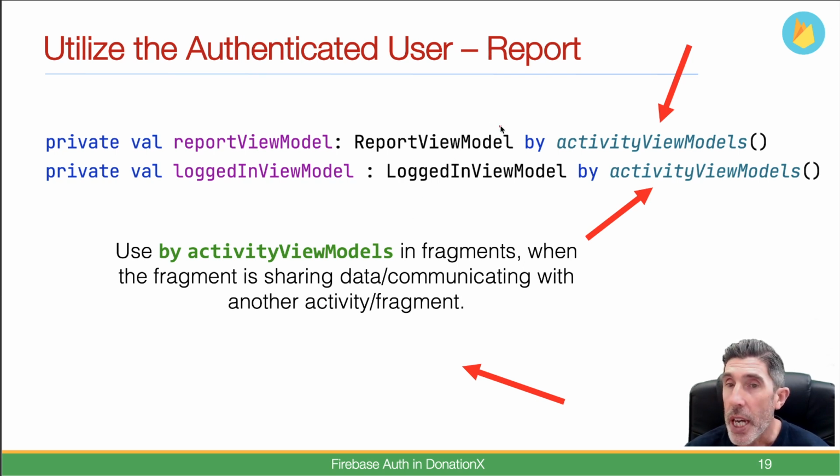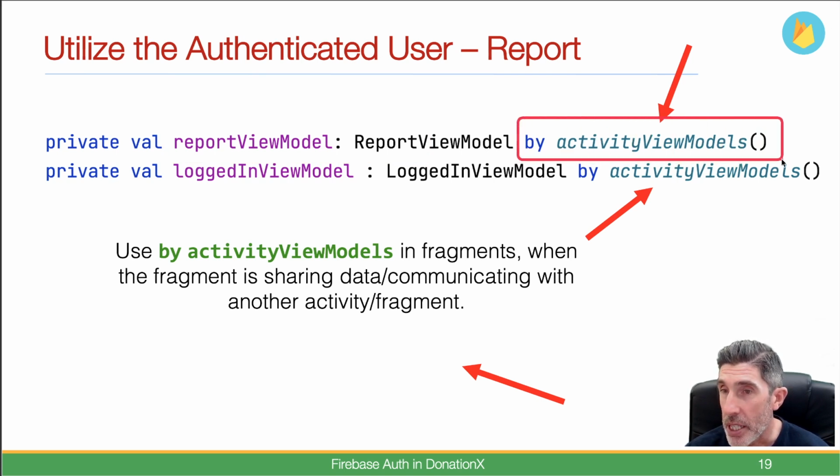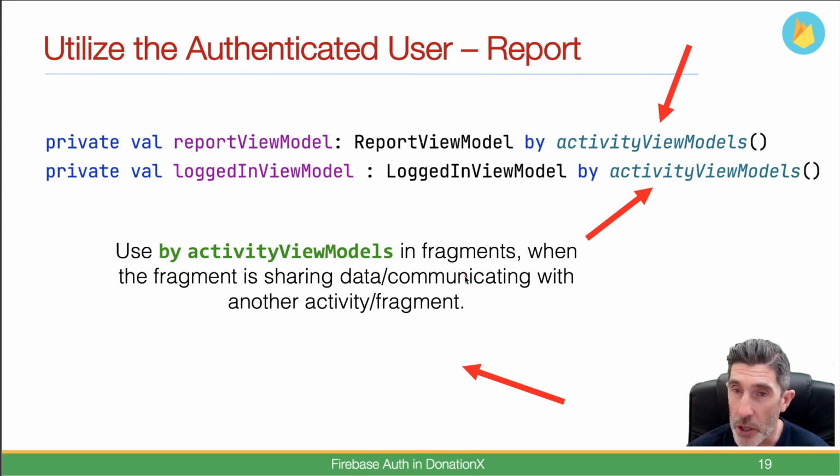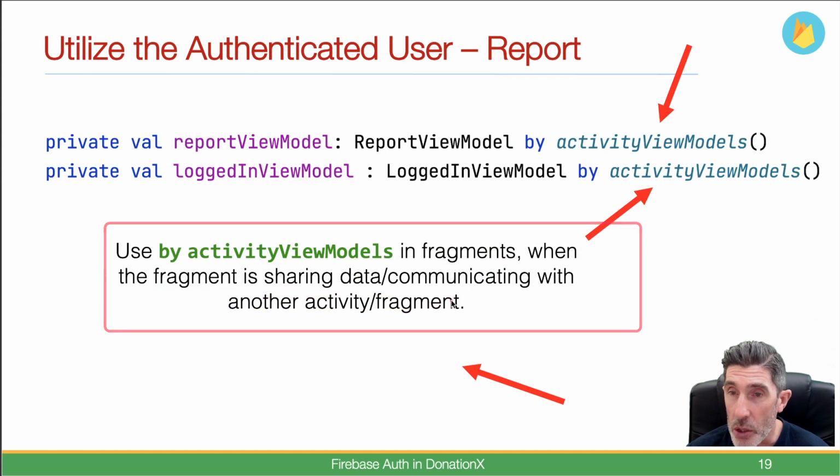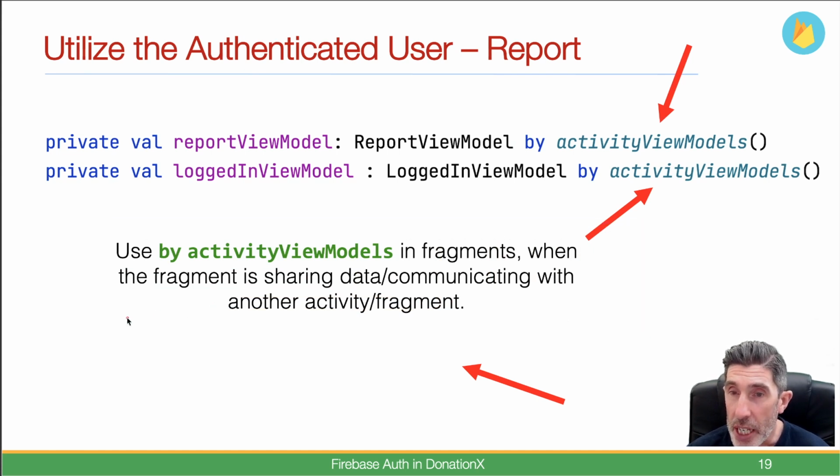Instead of just declaring the view model up top and then binding to it later on, generally in the onStart or onCreateView, we declare it by activityViewModels, and this is a very useful extension function. We use this when the fragment is sharing data or communicating with another activity or fragment.